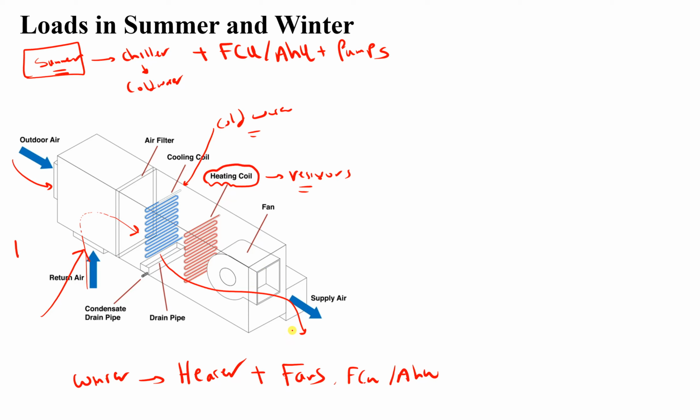So you can see we have two different loads right now, right? In summer we have the fans of the fan coil unit or air handling unit, and we have pumps and chiller as I just explained. And in winter we have the same fans, and we have the heater.